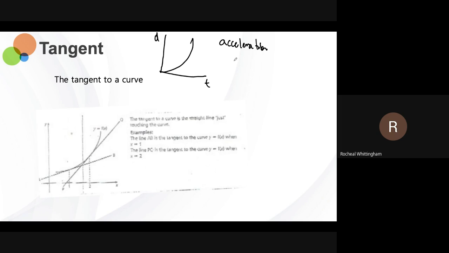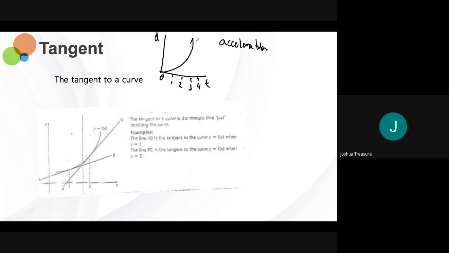Use a tangent. Exactly, you put a tangent to the curve right here, or wherever. Let me try. Say this is 0, this is 1, this is 2, this is 3, and this is 4.